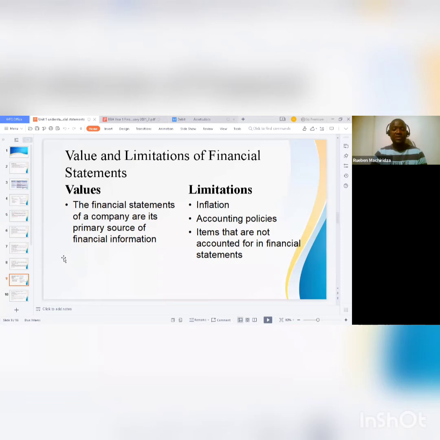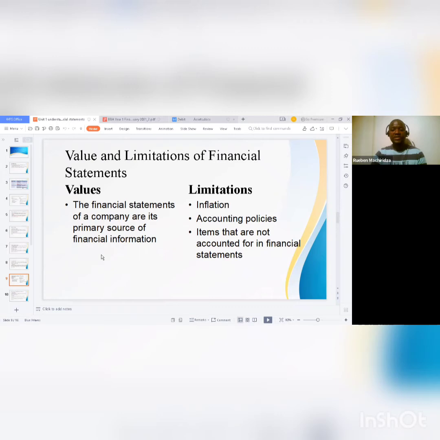When we have the financial information pertaining to our business, we are able to make a lot of necessary decisions to alter or to continue what must be altered or continued. So the value is that it is a source of financial information. And then it has a number of limitations. We are only going to look at three of them.